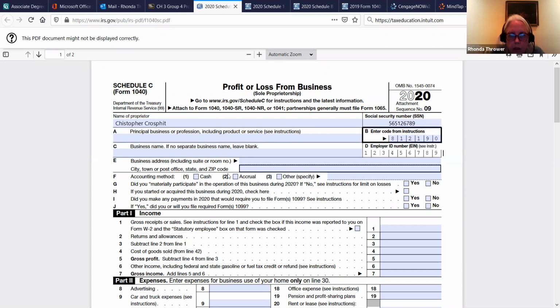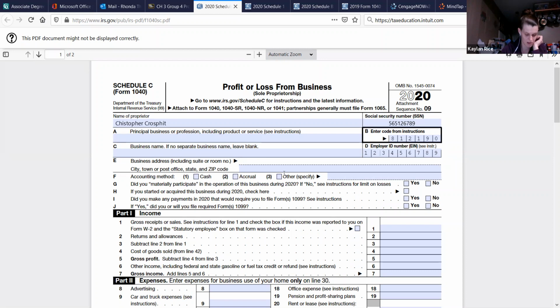That makes it easy there. And again, you put in his address, or the business address, which would have been 4321 New Cut Drive or Road.